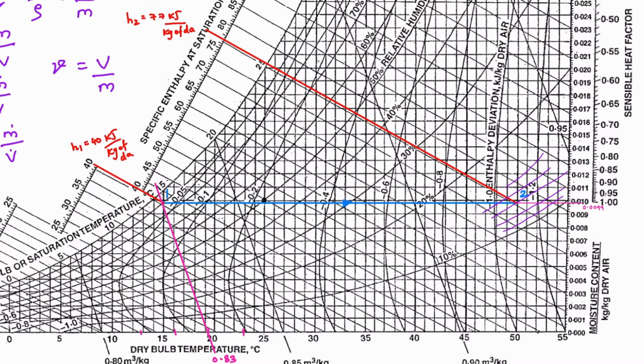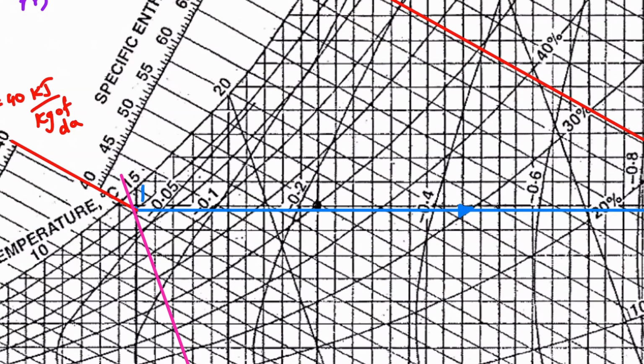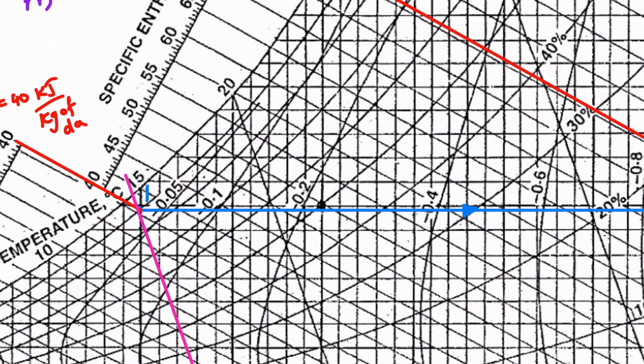Now inclined lines, wherever they cut the saturation curve, those are wet bulb temperatures. So point 1 is over here, and this is the inclined line near point 1. So keep your roller scale parallel to this line and draw a parallel from point 1. Wherever it cuts the saturation curve, that will be the wet bulb temperature.